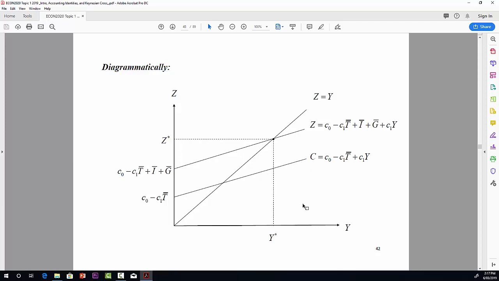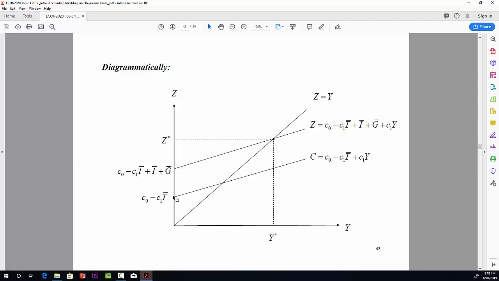But now, aggregate expenditure has consumption as a component, but it has other ingredients as well. So aggregate expenditure, Z, is equal to consumption plus I bar plus G bar. So it's going to have intercept, it's going to be the consumption plus some fixed extra terms, I bar plus G bar.